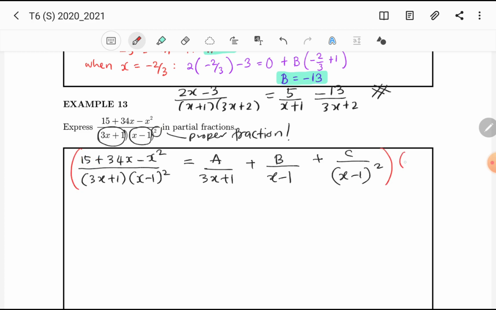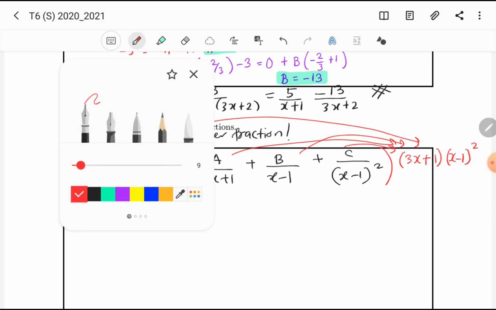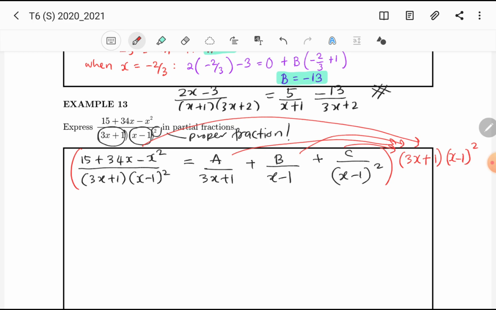Okay, kita tulis apa tadi saya cakap? We write the denominator. So tulis kat tepi tu. Okay. Next kita akan darab each dengan denominator yang kita tulis. Okay, so we will get 15 plus 34x minus x squared equals to a times 3x plus 1, 3x plus 1 matilah.